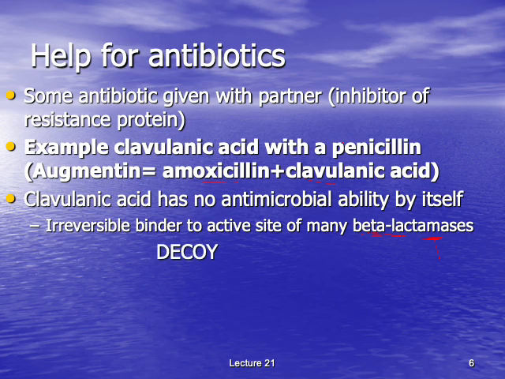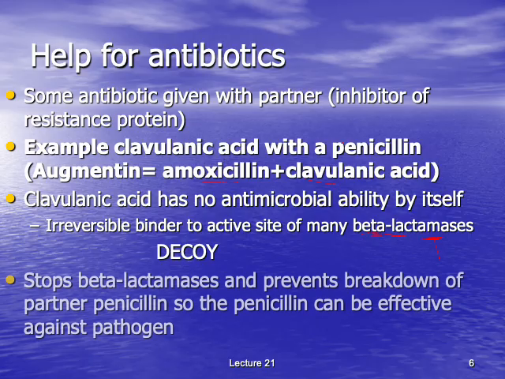So we kind of think of the clavulanic acid as almost like a decoy to the beta-lactamase. It soaks up the beta-lactamase so it doesn't pay attention to the penicillin. And in stopping the penicillin from being broken down, now the penicillin can go and do its job on the transpeptidase and inhibit cell wall synthesis and end up killing the bacterium.